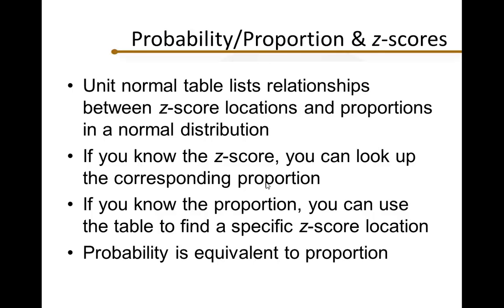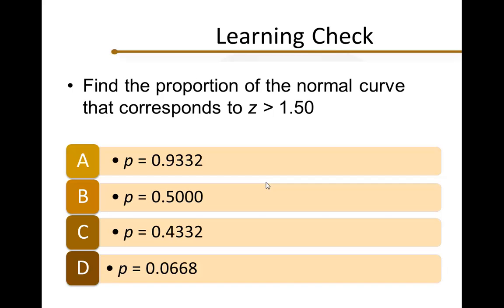So the unit normal table lists relationships between z-scores, locations, and the proportions in a normal distribution. So if you know your z-score, you can look up the corresponding proportion. If you know the proportion, you can use the table then to find a specific z-score. Probability is equal to proportion, if you remember all the way back.